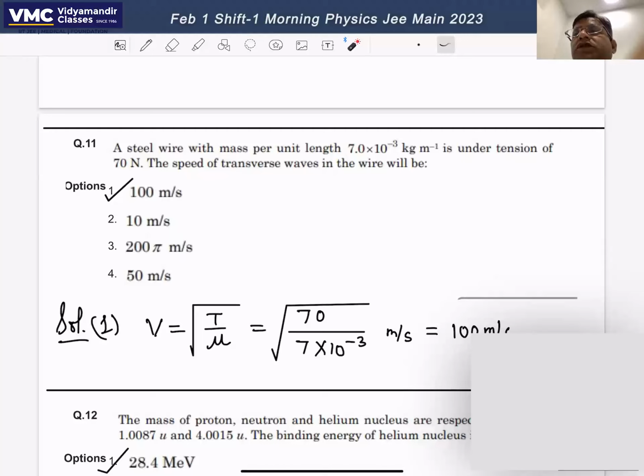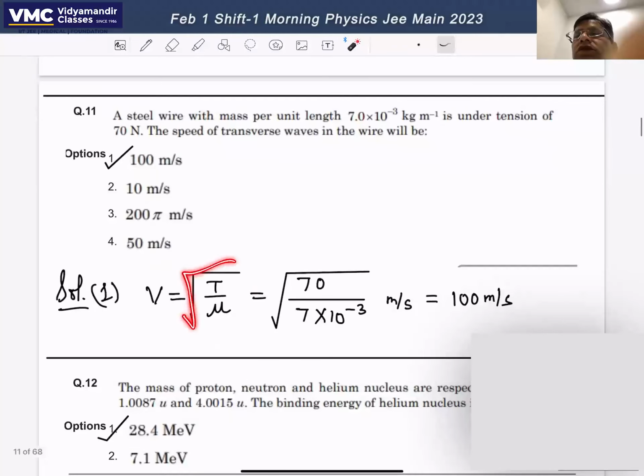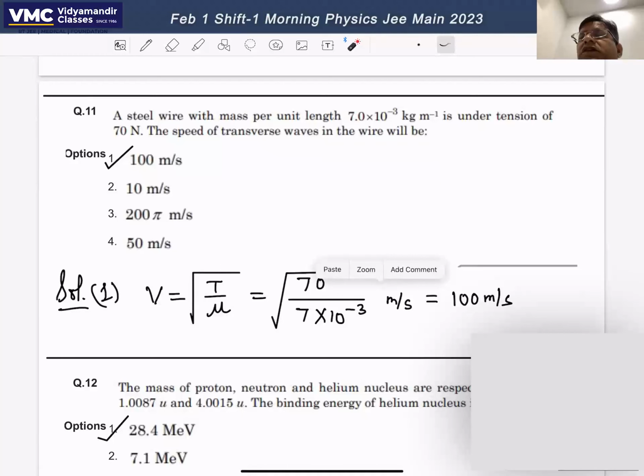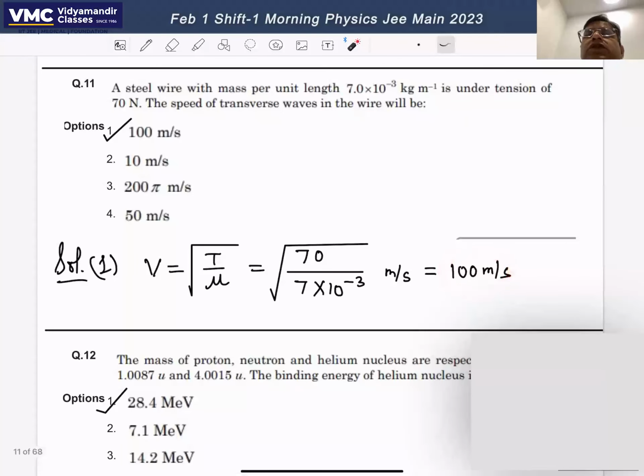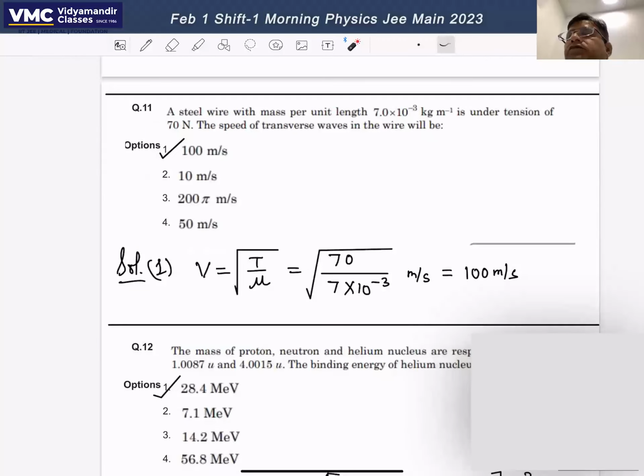We use the wave speed in a string formula, square root of T by mu, where T is tension and mu is linear mass density. Tension is 70 and linear mass density is 7 into 10 power minus 3, and from here it comes out to 100 meter per second. So option 1 is correct for the 11th.